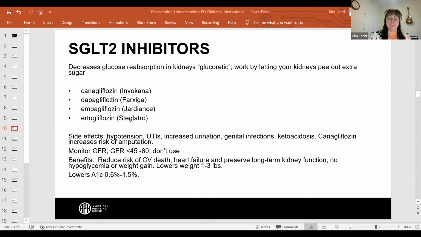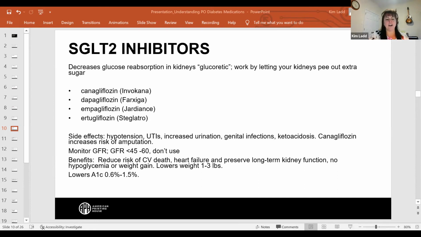Personally, I've never had a UTI before, but when I started taking this medicine, I did get one, but I've only had one in 5 years. So it's not that you're going to get them all the time. It's just you have to remember to stay healthy and clean and things like that. So side effects are low blood pressure, urinary tract infections, increased urination, genital infections, ketoacidosis.